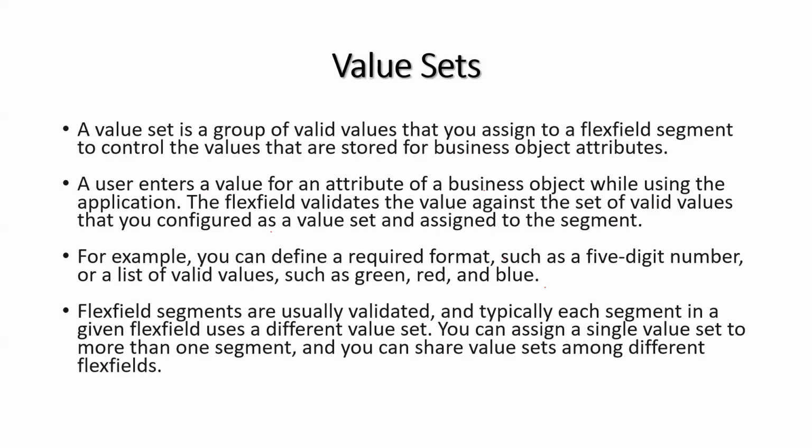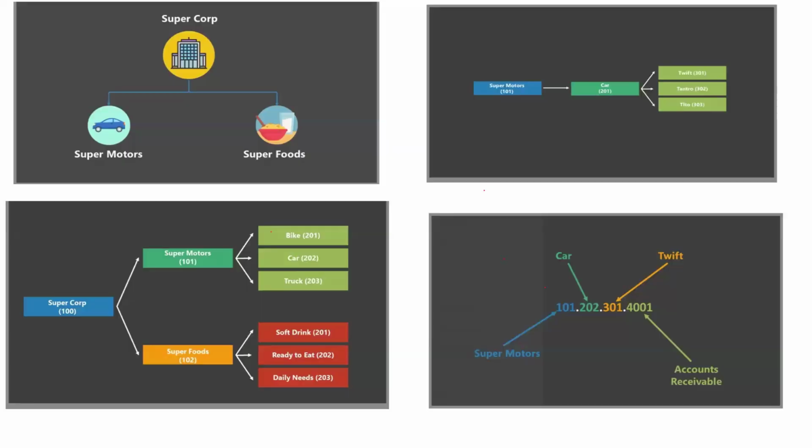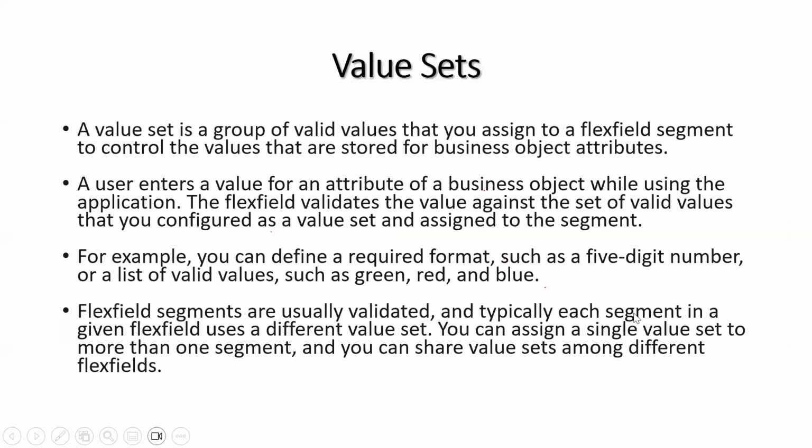That is called a security rule, and it can be applied at a value set level. Each segment will have one value set, so if you apply the security rule at a value set level, it will apply only to that one particular segment, not to all the segments. So that is called a value set. In real time, when we start the setups, we'll discuss the value set again, and then you will get a better idea.